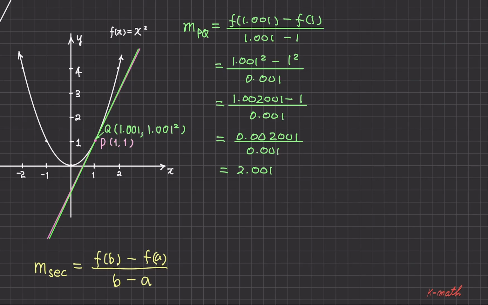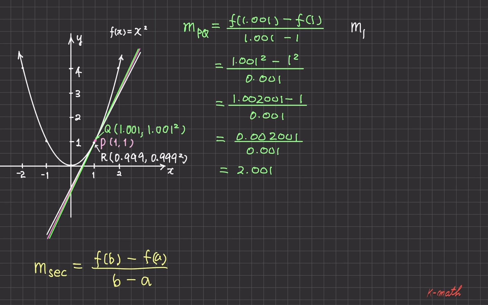You can also choose another point to the left of point P. Let's say point R is 0.999. The y value is 0.999 squared. Here is point R. Point R looks very close to point P, and the white line connecting P and R is really close to the pink tangent line.